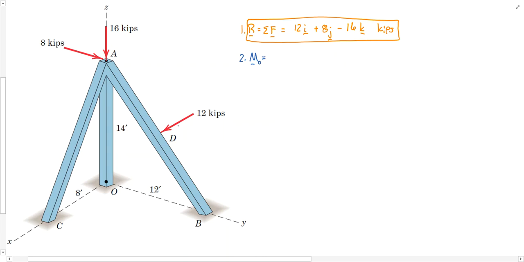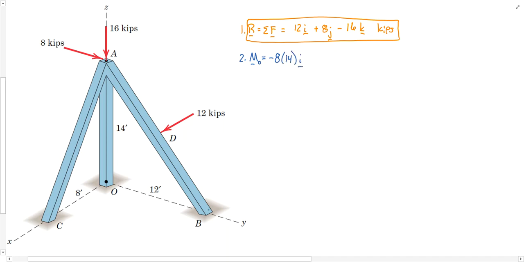The 12 kip force is parallel to the X direction, so it won't have any effect. The 8 kip force can produce a moment around the X axis. It goes over top of it by 14 feet and would produce a moment in the negative X direction. So we have a minus 8 times 14 in the I.